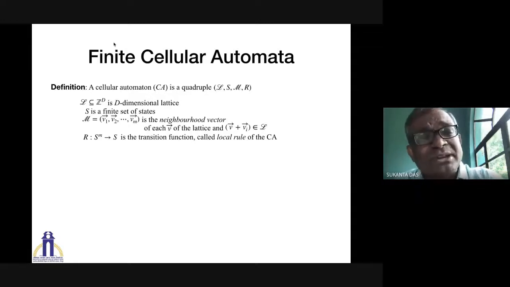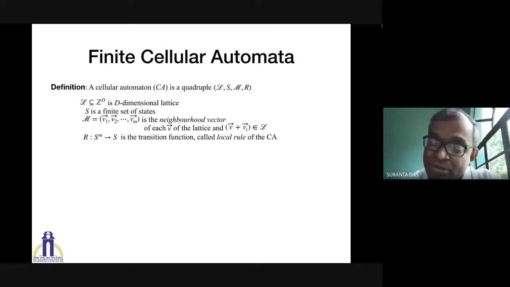The rest of the things are the same. S is a finite set of states, M is a neighborhood vector, and R is a transition function called the rule. So the only edit I have done here is that while defining this lattice, I have represented it by L, which is a subset of Z to the power d.